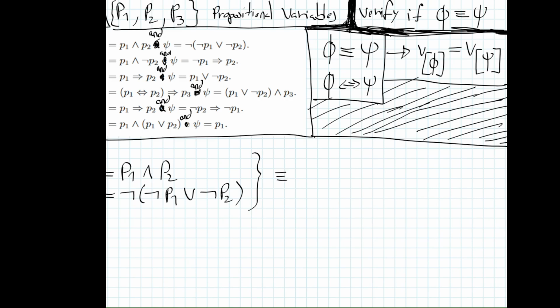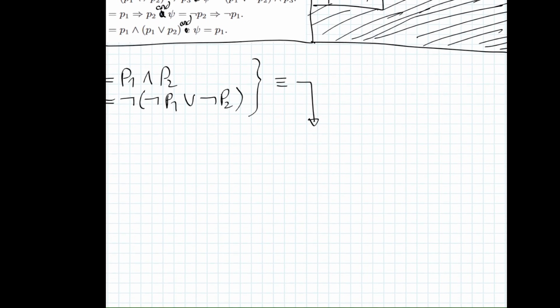The verification can be taken from an unfolding of one of these expressions onto the other. I find it easier to begin with this one because it's simpler to arrive at this one. So let's begin. This is how you do it.